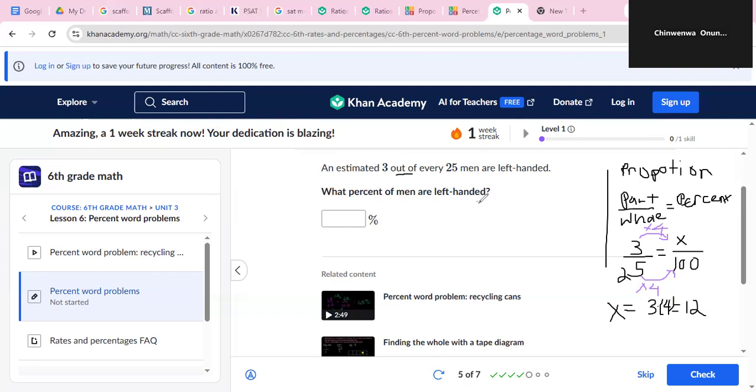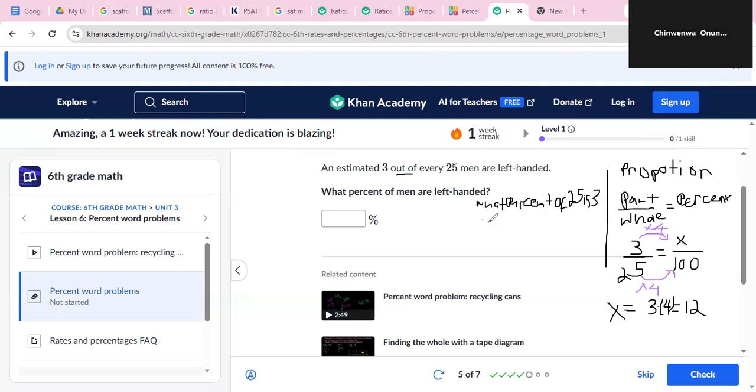So you would write it out as words: what percent of 25 men is 3. So you write as what percent of 25 men is 3 men, basically, if you want to rewrite it like that.